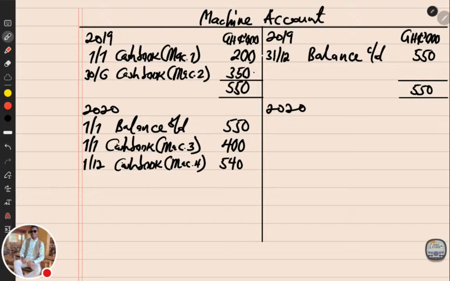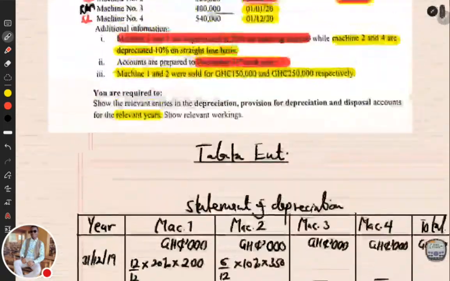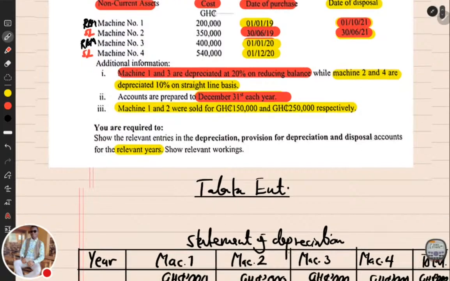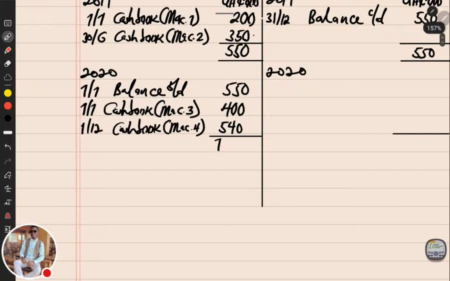I think that is all for that in respect to that. So we just have to do our totals, we do the balancing, and we are good to go. Realize that for 2020, there wasn't any disposal in there, so we just end it there, we balance it off. So what do we get in total? You're supposed to get, is it 1,490?